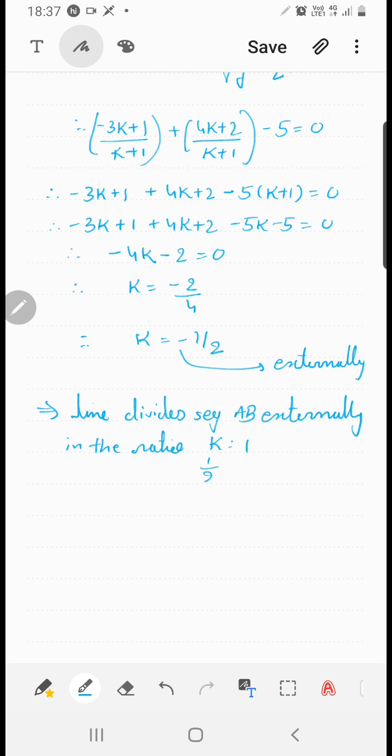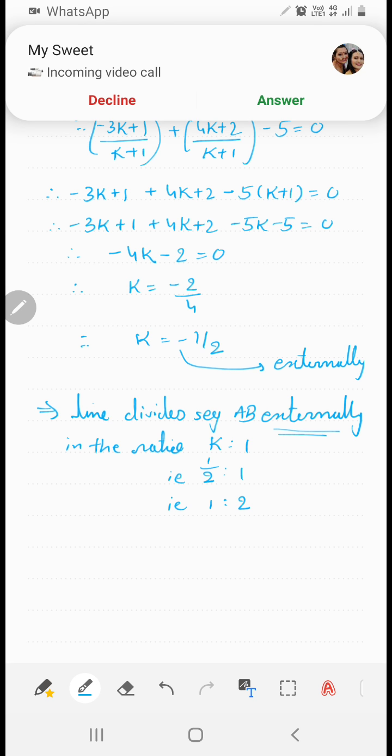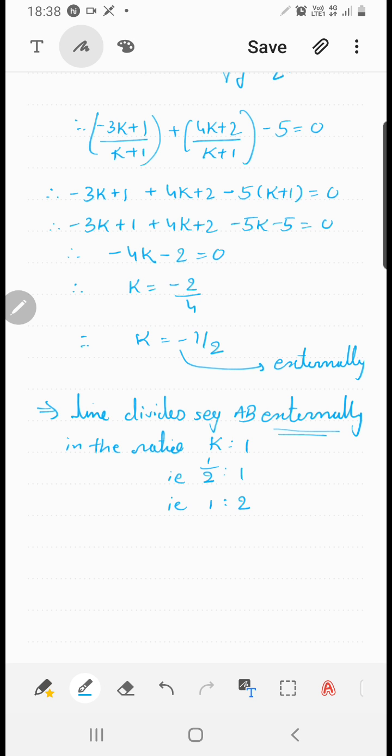So here I write 1 by 2 is to 1, that is 1 is to 2. Now you might argue, sir, why not the minus sign? As I said, there is nothing to do with negative sign in ratio. That negative sign basically implies externally. So while writing the final answer, we should avoid taking up the negative sign in the solution.